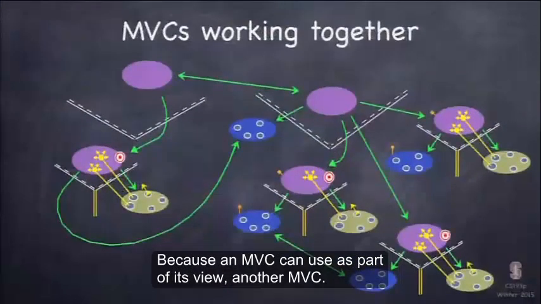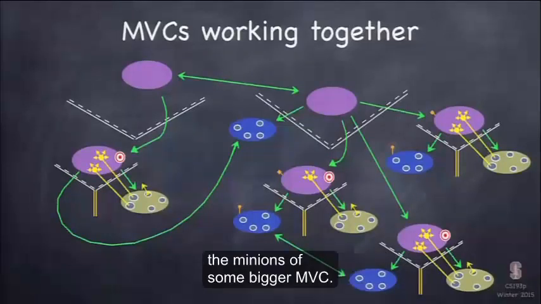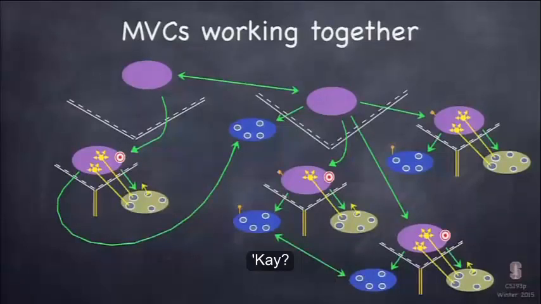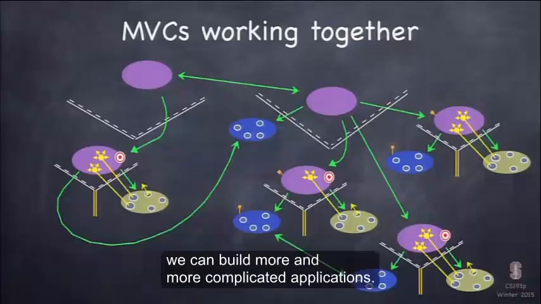Because an MVC can use as part of its view another MVC. So an entire MVC can be one of the minions of some bigger MVC. And by doing that and cascading it down, we can build more and more complicated applications.